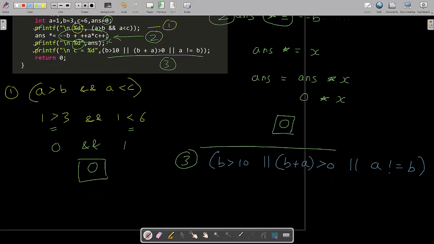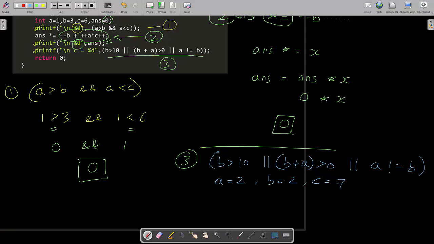So right now, before running this particular expression, the value of a previously was 1, and if you see there was a pre-increment, so a has become 2 now. b was 3, but there is a decrement operator over here, so now it is 2. And the value of c was 6, and there is a post increment operator, so this has become 7.